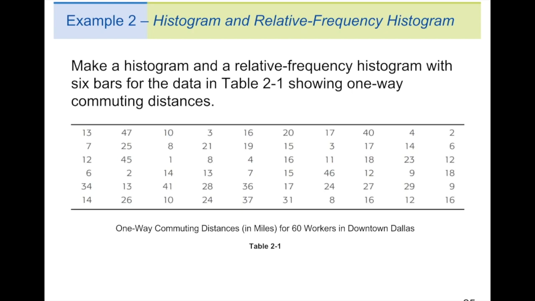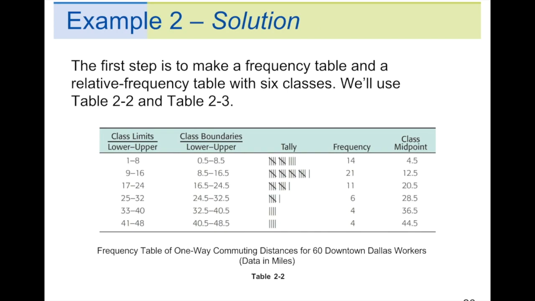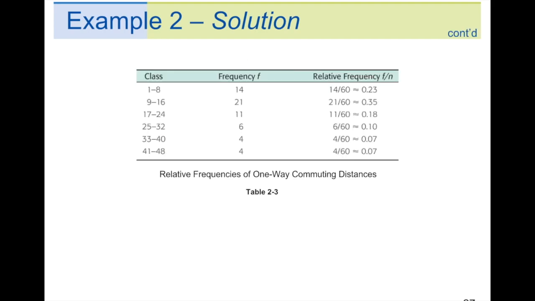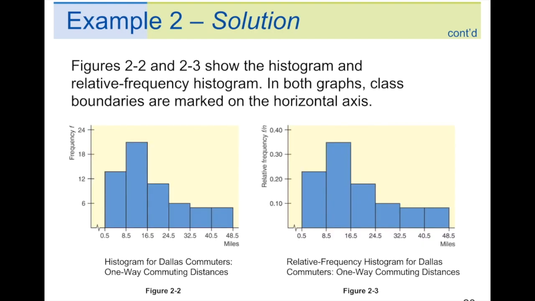So you take our table, the way we had it before, then make your frequency table that we've had before. Unless you're doing the relative frequency, then you use the relative frequency table. Then you make your histograms.